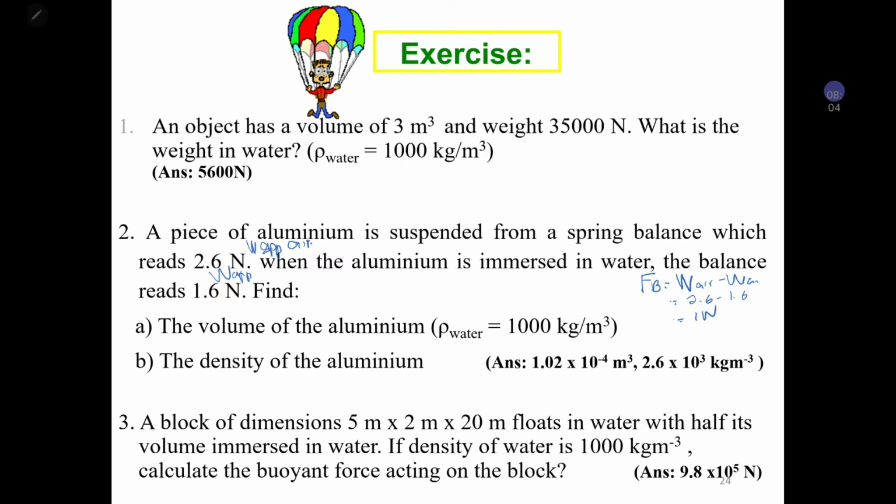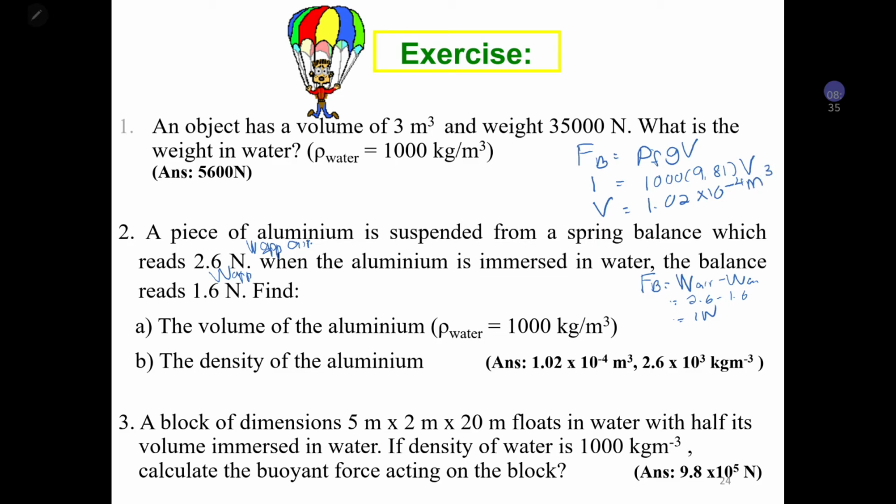Okay, so buoyant force ni, tadi kita cakap buoyant force adalah sama dengan rho fluid times g times V. Betul? Kita dah tahu berapa buoyant force, 1. Rho fluid adalah 1000, g 9.81. So kita boleh cari V. So V akan sama dengan 1.02 darab 10 kuasa negatif 4 meter cube.